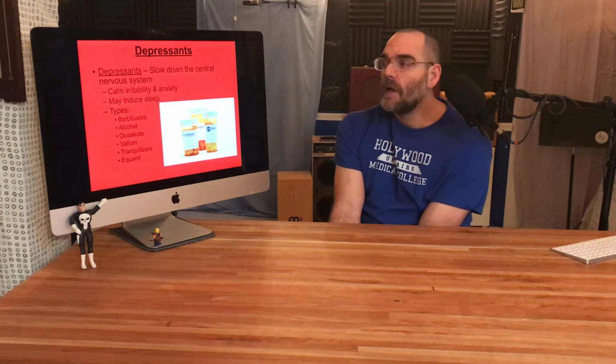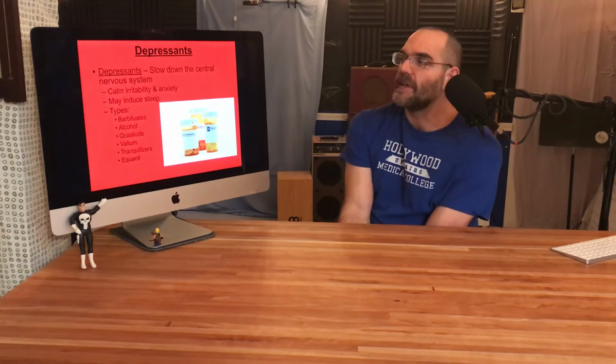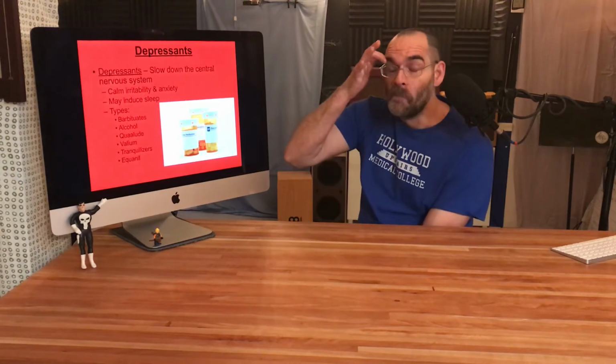Depressants, these are the ones that slow down the central nervous system. I know it's weird to think, but alcohol does fall under depressants, even though you've probably seen movies, or hopefully not too much in real life, of the angry drunk.